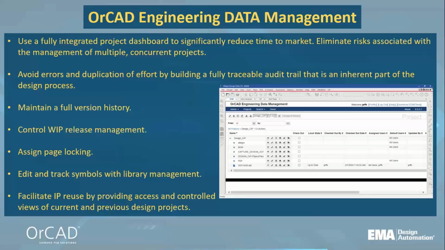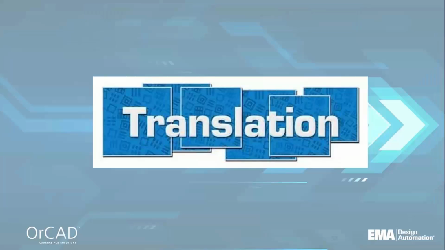And this facilitates IP reuse, being able to provide access to controlled views of current and previous design projects. So this is going to give us a good overview of where our designs are at, what documents are going to be needed for manufacturing, and we can control who is going to have access to those and when they have access to them.